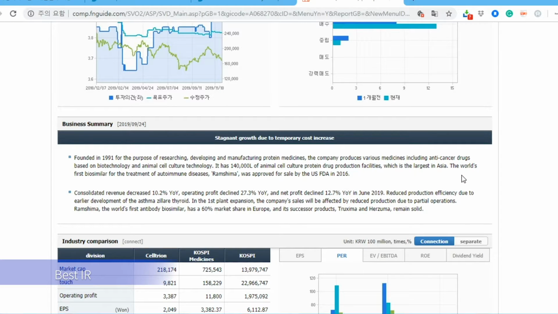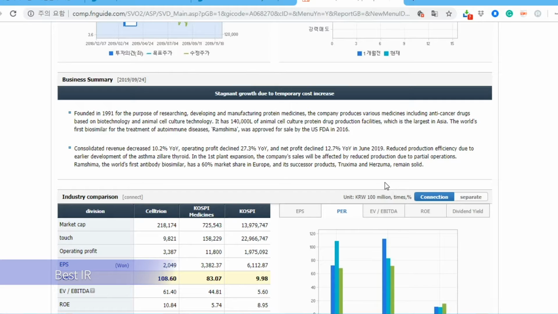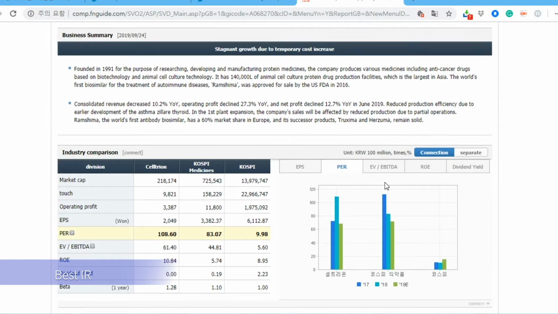The world's first biosimilar for the treatment of autoimmune disease, Remsima, was approved for sales by the US FDA in 2016. So this is basically the first biosimilar company in Korea, and it grew so much and became one of the largest stocks in Korea.